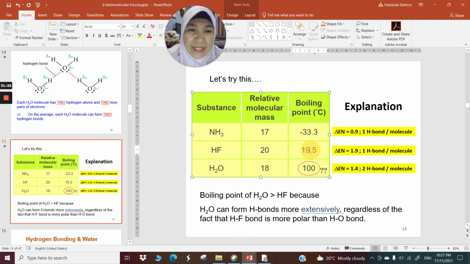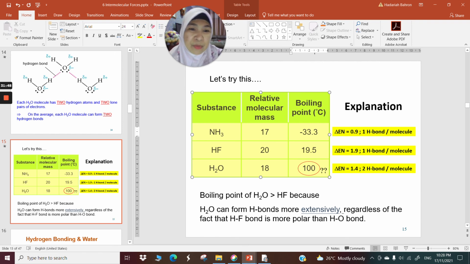So the fact that the boiling point of HF is higher than ammonia is really understandable, because the higher the polarity, which is reflected through the value of delta, the stronger is the hydrogen bond that exists between the molecules.